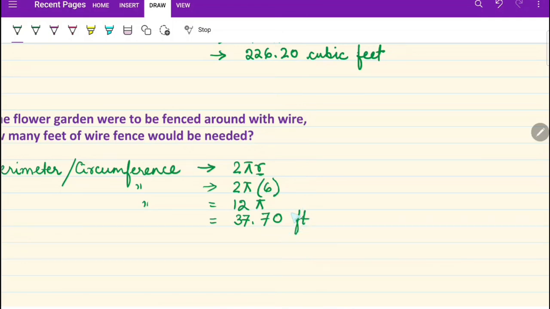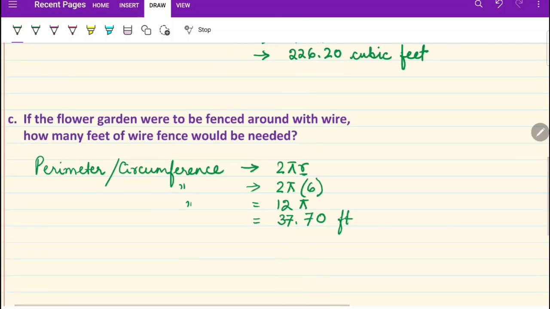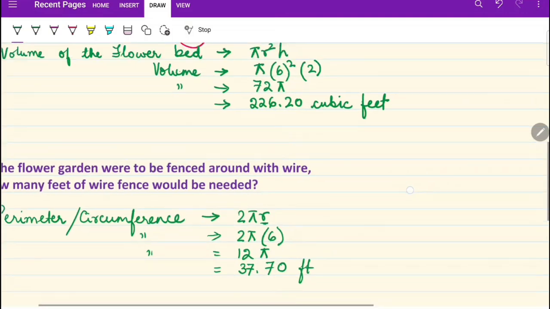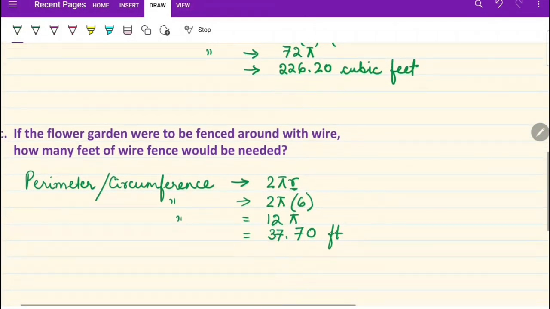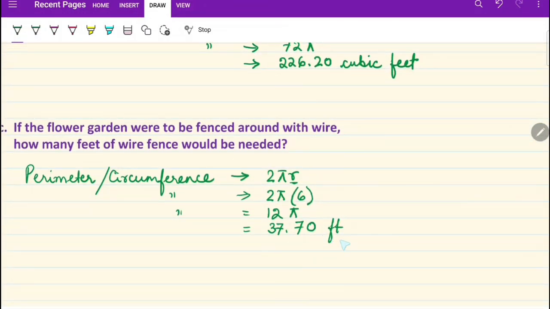All right, so the length of the wire fence needed to surround the flower bed would be 37.70 feet.